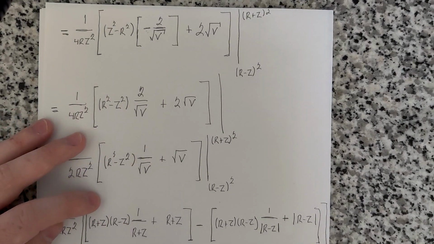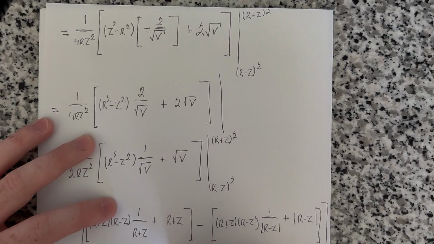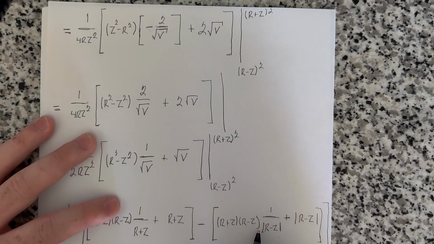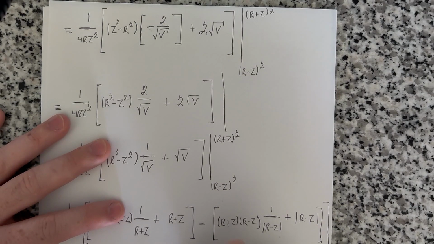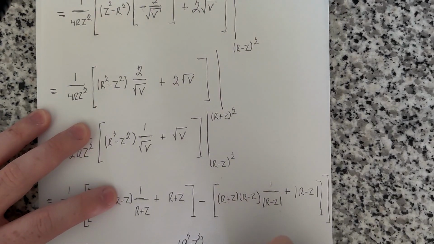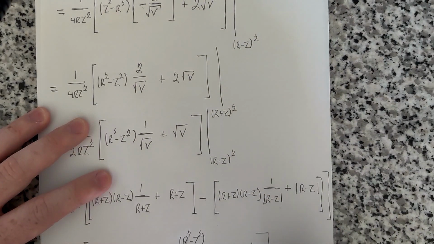Hang on, I did something wrong here. Sorry, I messed up. Since this doesn't cancel, we're going to regroup this as r squared minus z squared on top here, and then minus the magnitude of r minus z. And that should be fine.